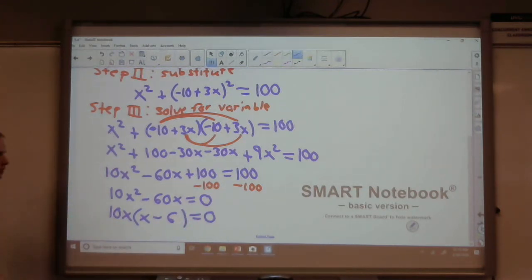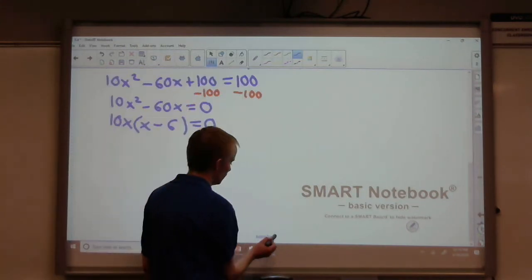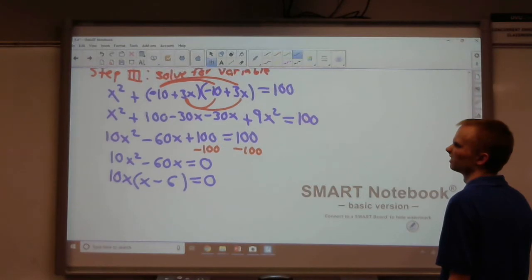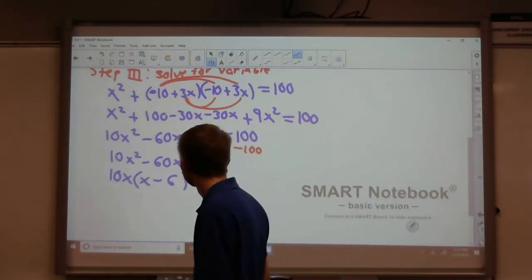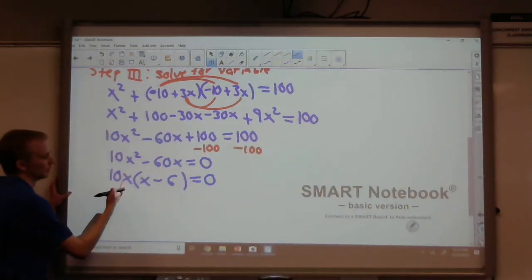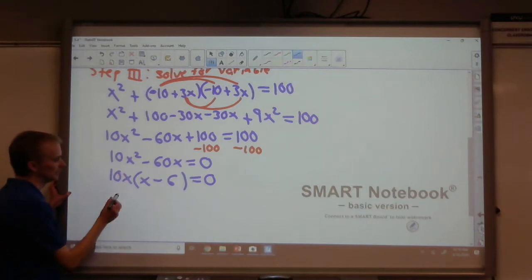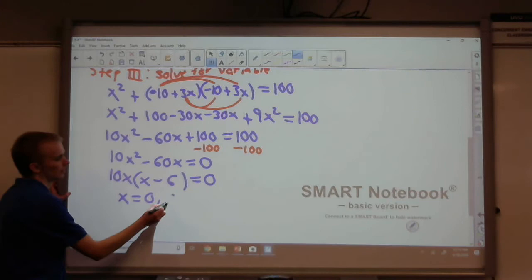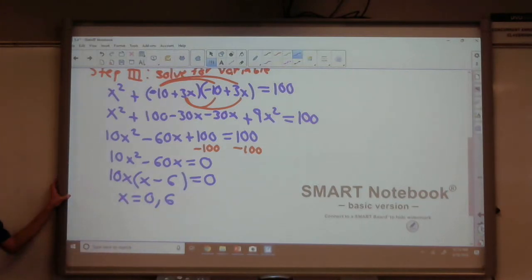So what values of x will make this work? Well, where will this be 0? It will be at x equals 0 and x equals 6. Okay?